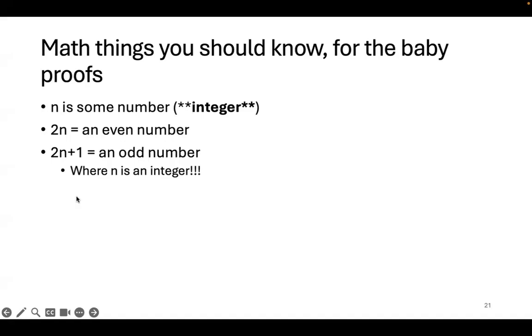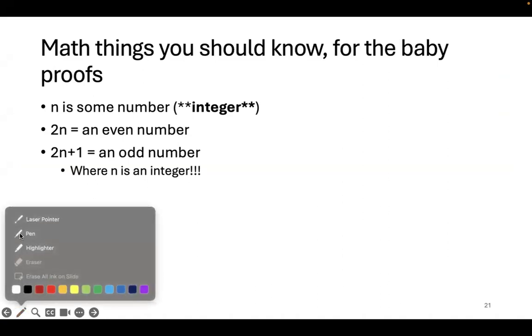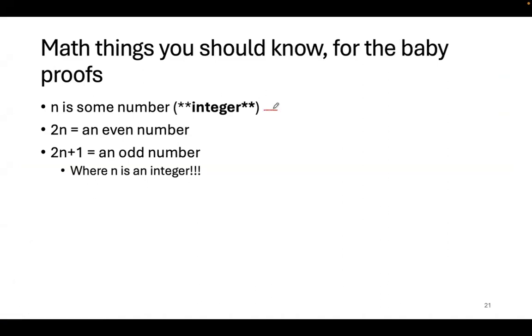So we'll use a variable, I'll call it n. It could be whatever we want, a, b, x, y, z, and so on. For the first proof we're going to do, n is some number and we assume that it's an integer. That's one of the important things, to make sure we know what we're assuming.